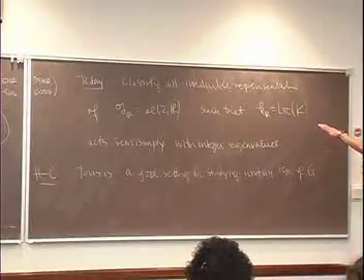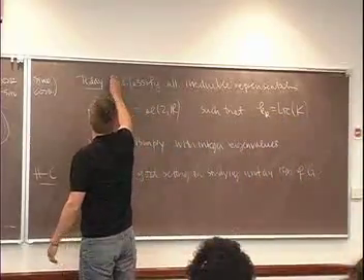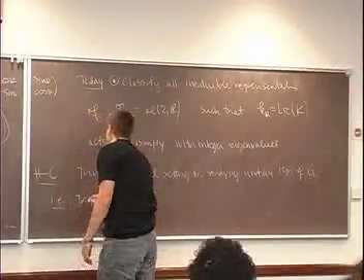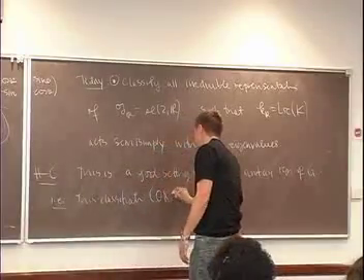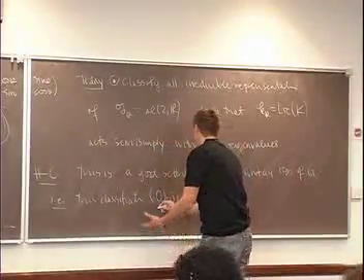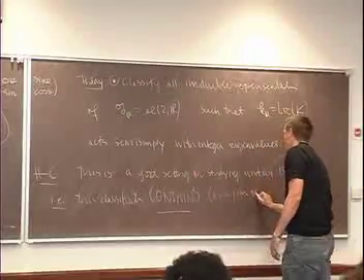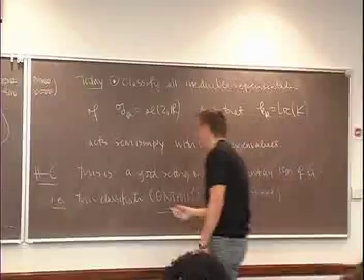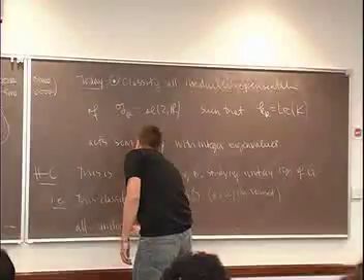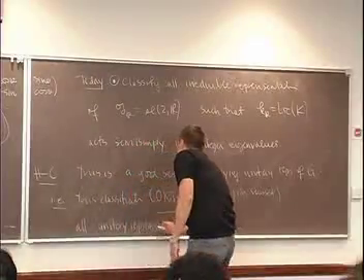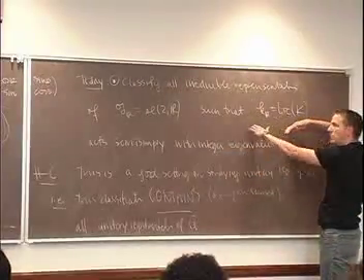So this classification contains, as we'll see, as a proper subset, all unitary representations of G. We start with the unitary representation and get one of these.